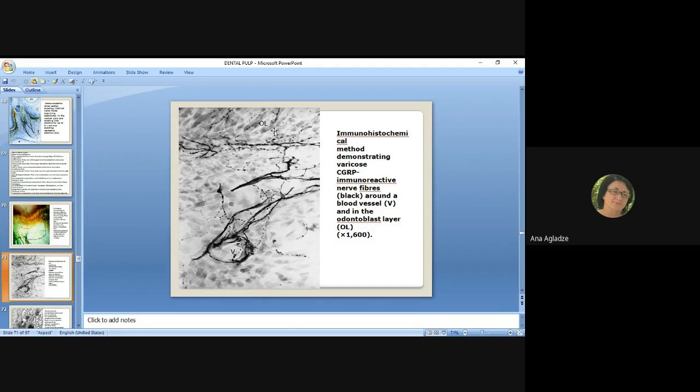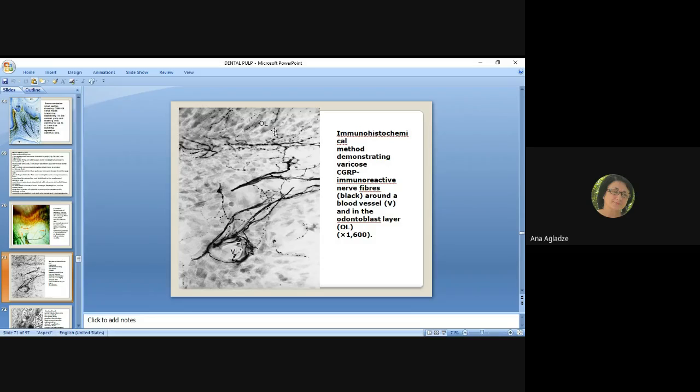The distribution of the nerves is essentially the same in primary and permanent teeth. The fibers of the sympathetic innervation system are less numerous than the sensory fibers. They are found primarily in the center of the pulp tissue, and many nerve fibers contain neuropeptides and are able to discharge them.